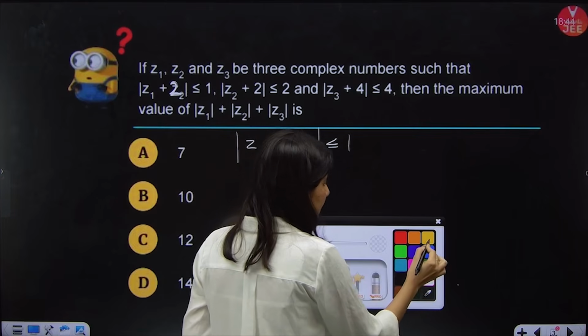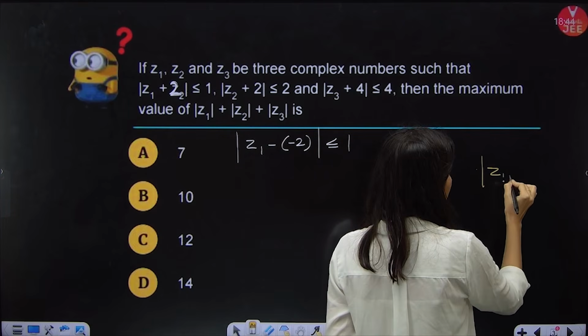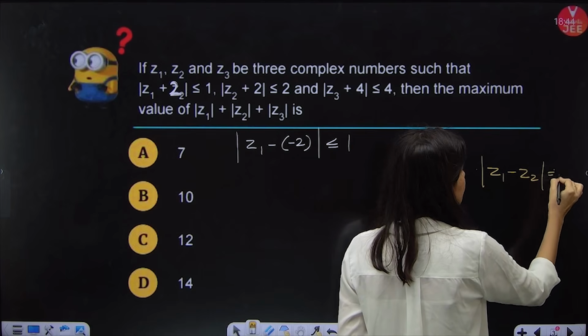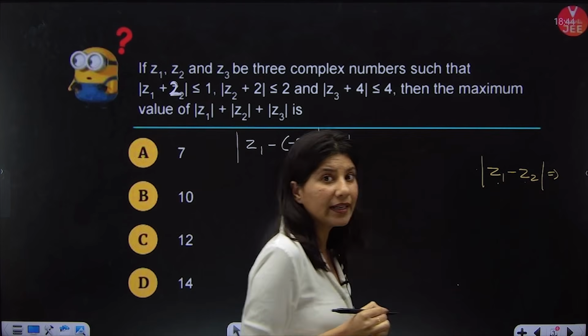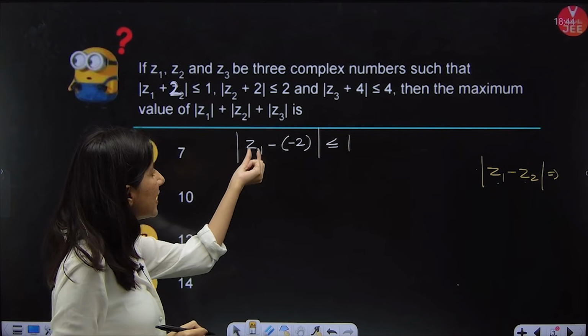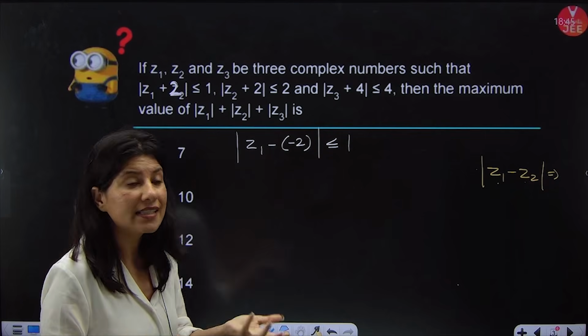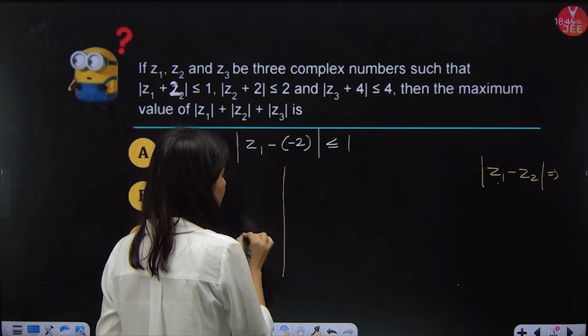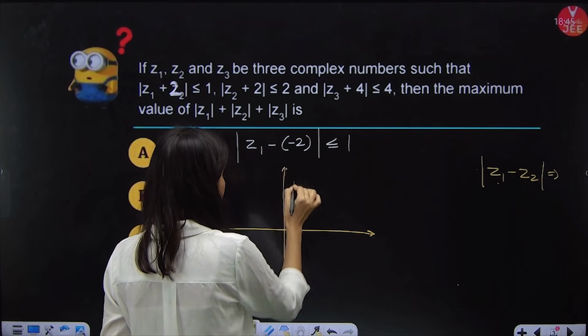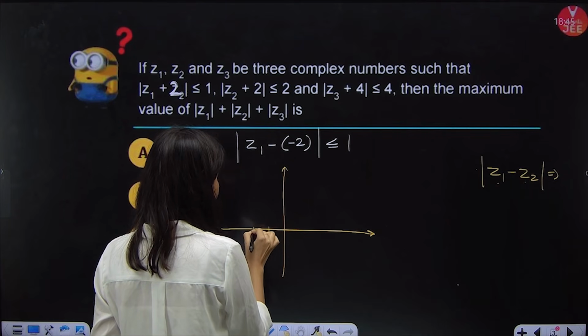See, mod Z1 minus Z2 is the distance between Z1 and Z2, right? So here the distance between Z1 and minus 2 is less than or equal to 1. The complex number minus 2 is absolutely fixed.